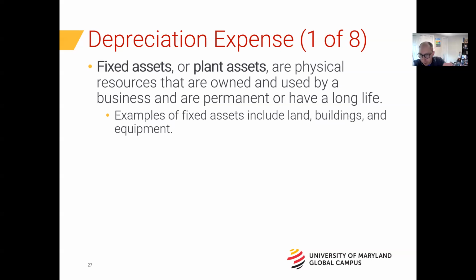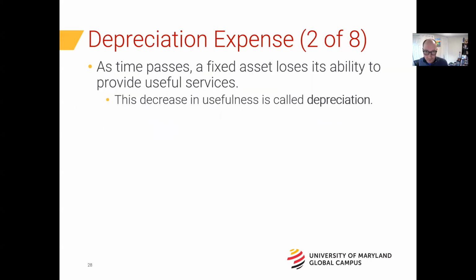Buildings and equipment, plant and equipment, we can depreciate because they have a defined life expectancy. The government's really good at setting the life expectancy, although it's not always accurate. So when we depreciate something, we're reducing its value. How do we do that, you might ask? There are a couple of methods of calculating depreciation.